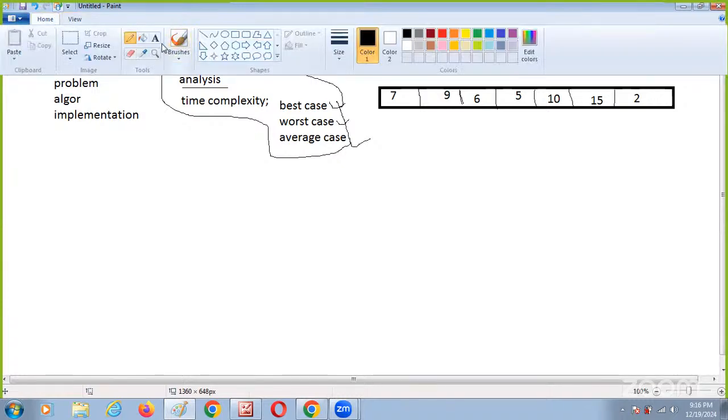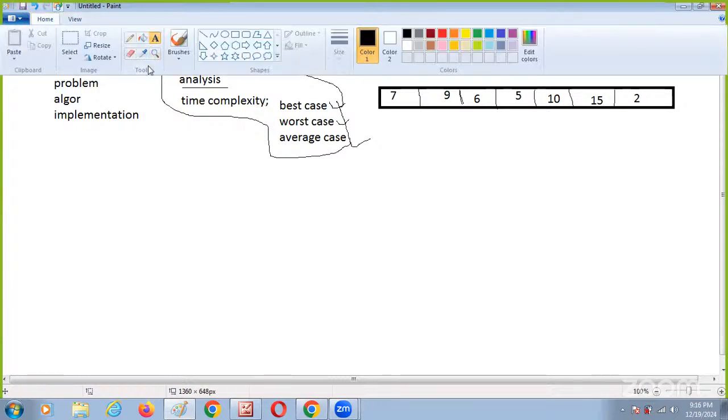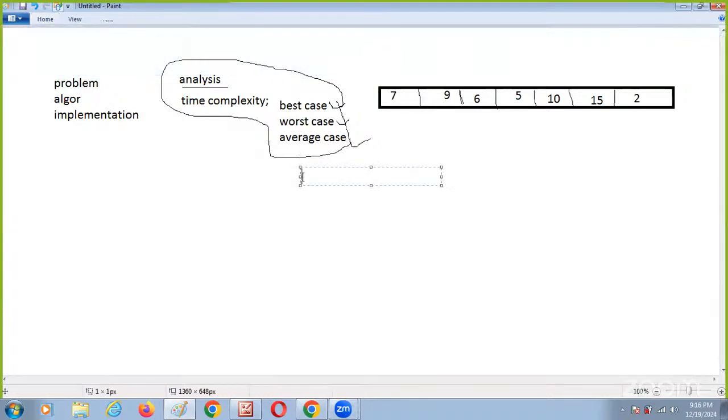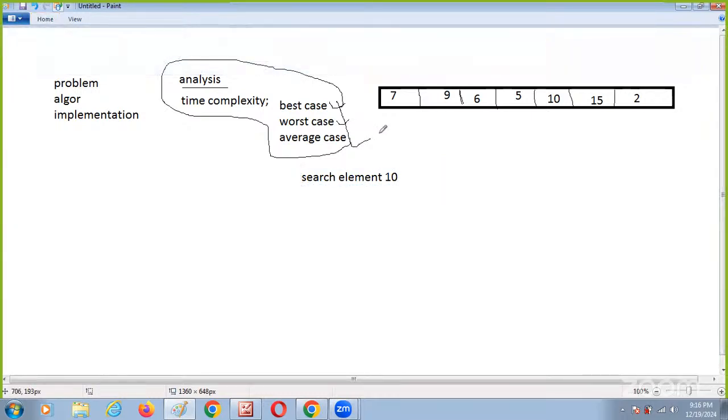Now I want to search for an element. I want to search for element 10, and how many attempts will it take to find 10? First I will go to this position. Is 7 equal to 10?